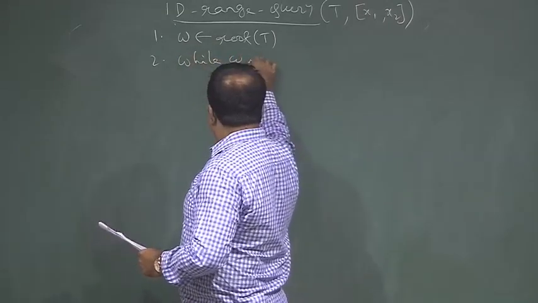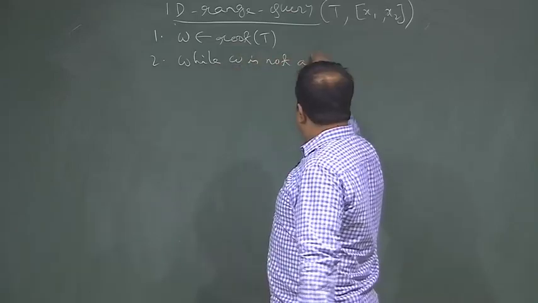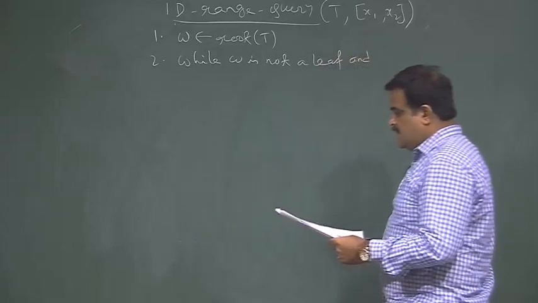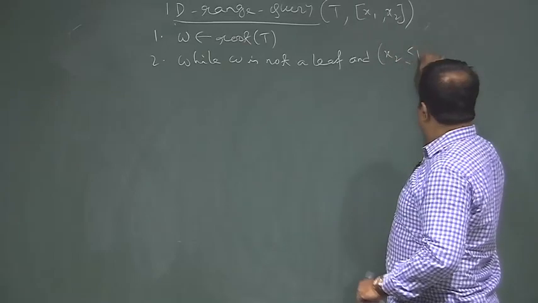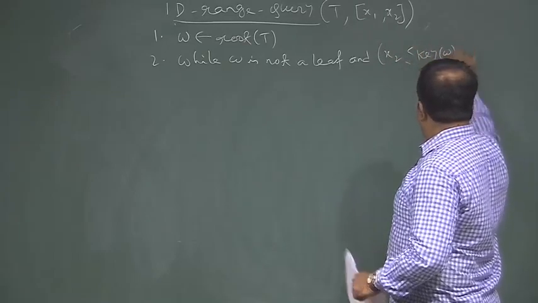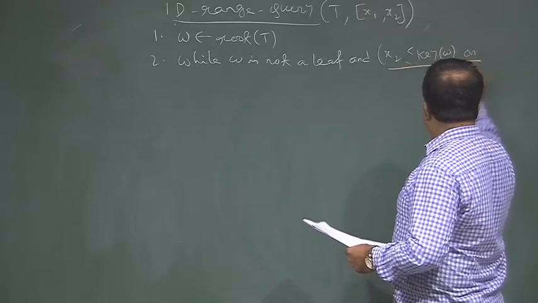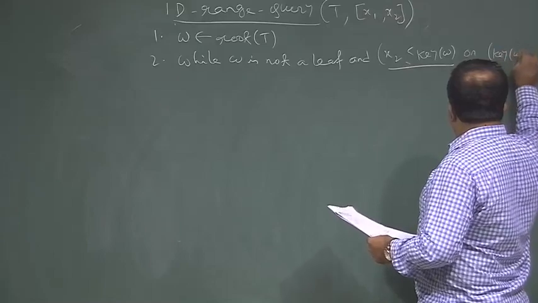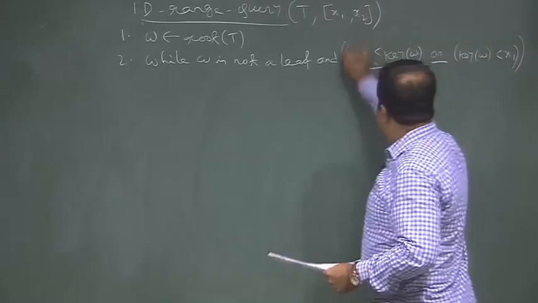Then while w is not a leaf and x2 is less than key of w, or key of w is less than x1. Okay.